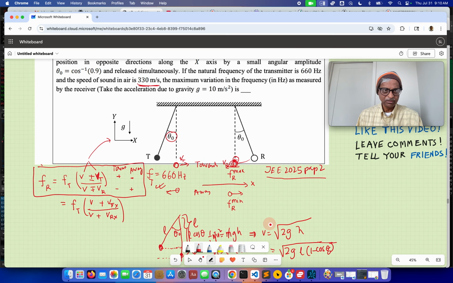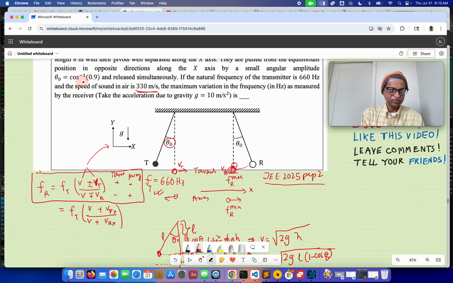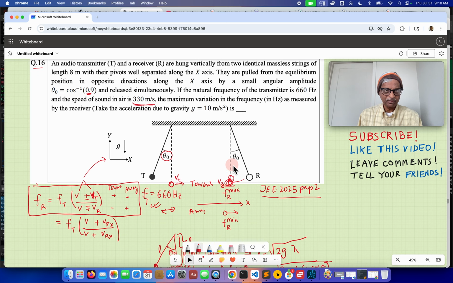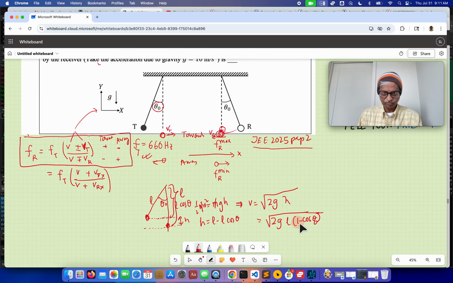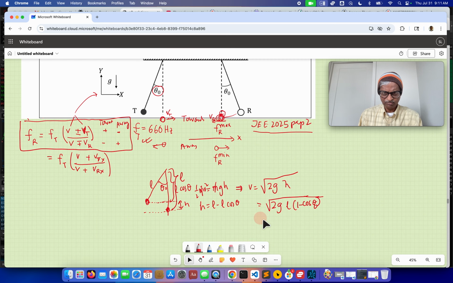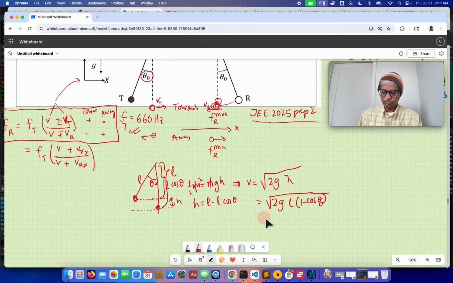Some values are given. Cosine of theta is 0.9, and L is 8 meters. So this will become the square root of 2 times 10 times 1 minus 0.9, times 8.